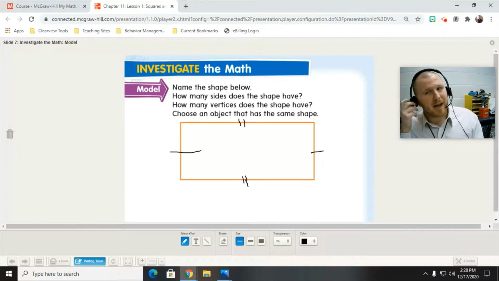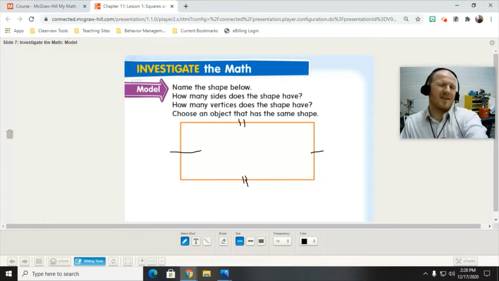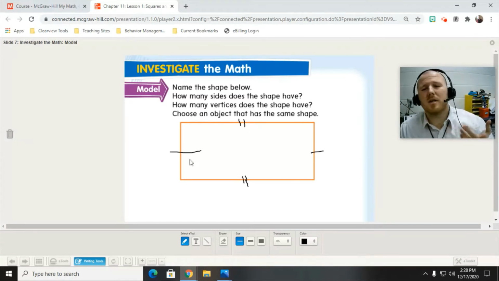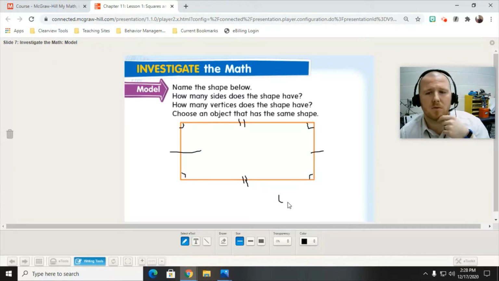So it might help you keep track and help you realize, no, it's not a square because these 2 sides are the same, but these 2 are shorter. But there's 4 sides, and then the corners again, 1, 2, 3, 4. Okay, so 4 sides and 4 vertices. Good. We're on a roll here.